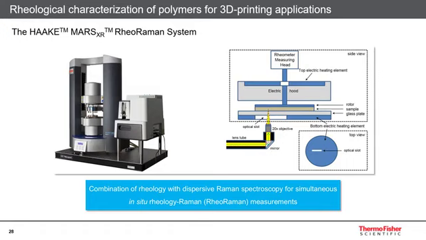The backscattered part of the light is now going back to a detector inside the Raman spectrometer. This setup allows for simultaneous rheological and spectroscopic measurements with exactly the same sample up to temperatures of 300 degrees centigrade and is therefore ideal for the investigation of polymer crystallization kinetics.